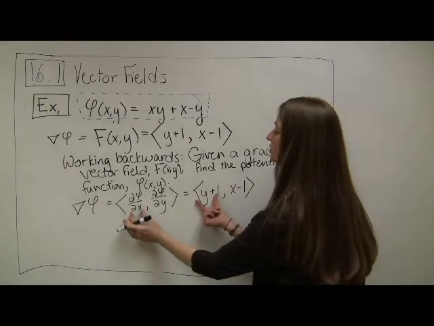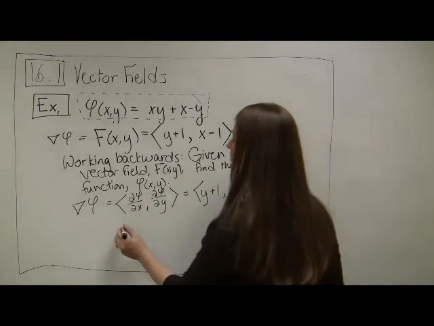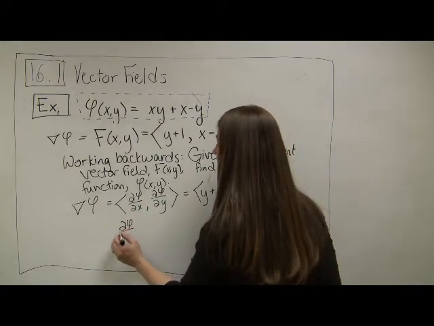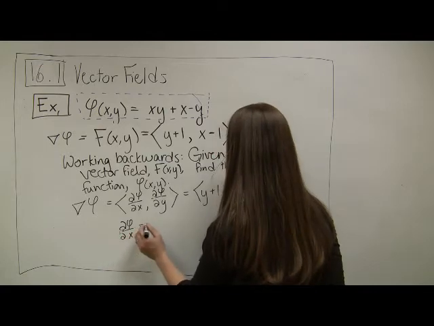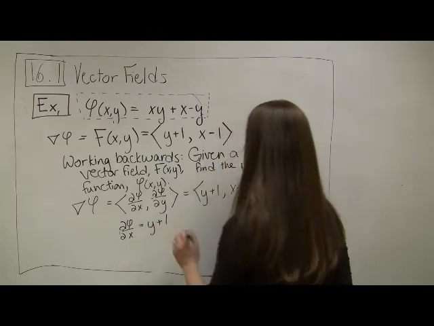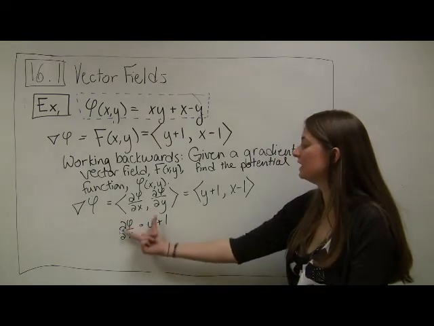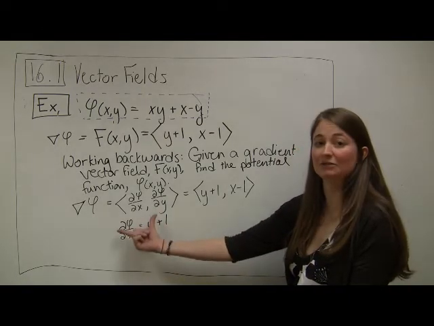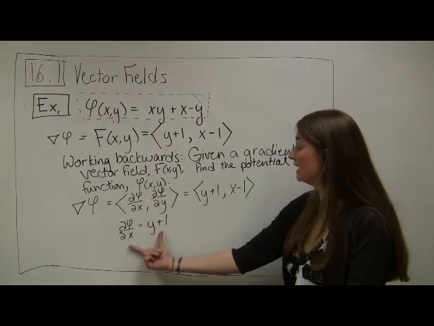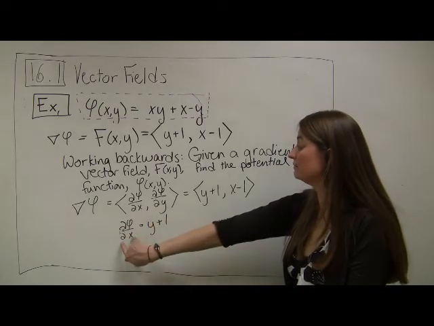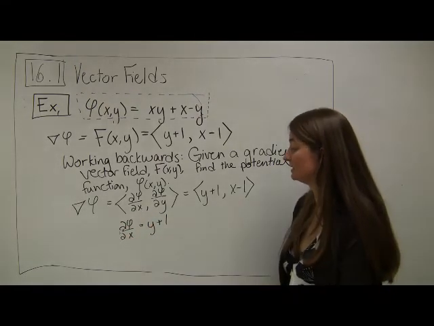So I can look at these first two terms, and I know that the partial derivative of phi with respect to x has to be equal to y plus 1. So I need to work backwards. Instead of taking the derivative, I'm going to anti-differentiate, making sure that I'm taking the antiderivative with respect to x.